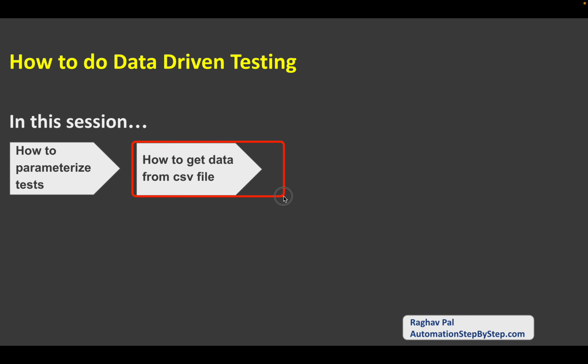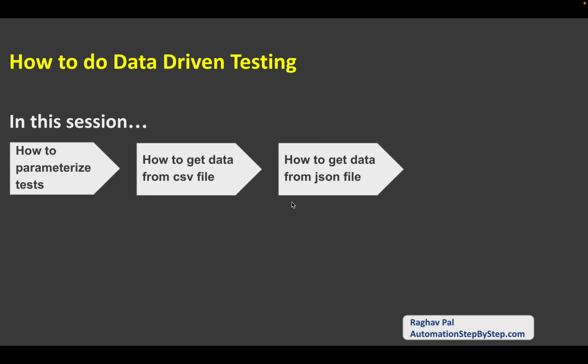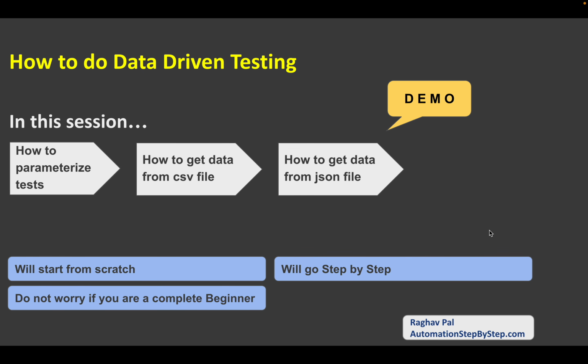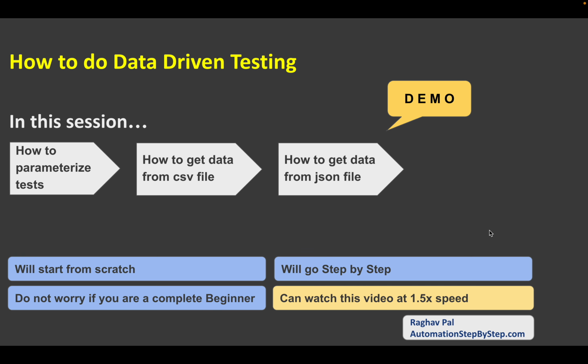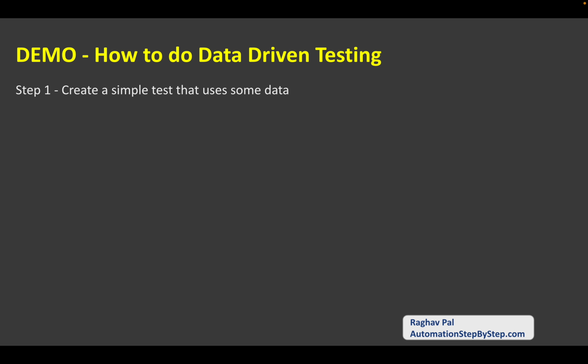So we will learn how to get data from a CSV file, and then we will also see how we can get data from a JSON file. We will see all this with a hands-on demo, and whenever you have any issues you can let me know. So let's get started, and let us first create a very simple test case that uses some data that we can then parameterize and get from a file.